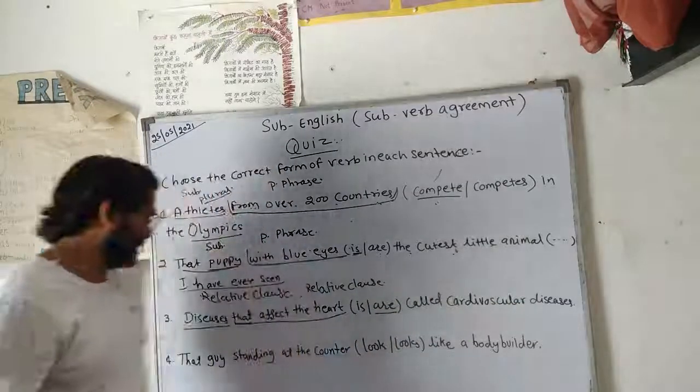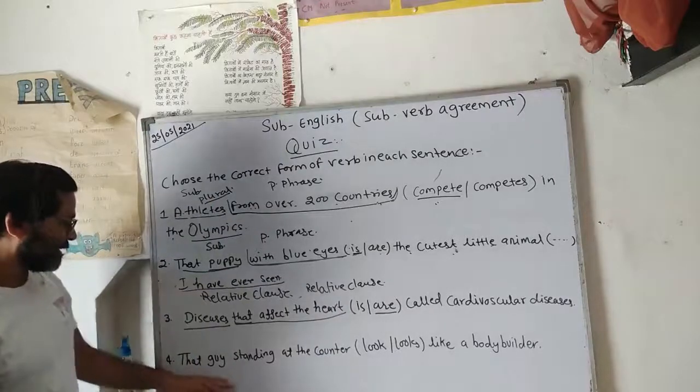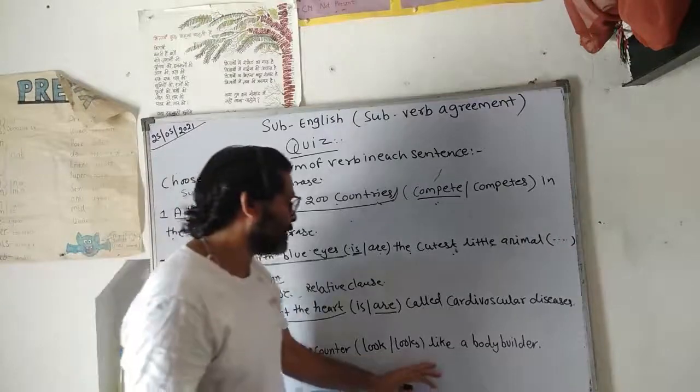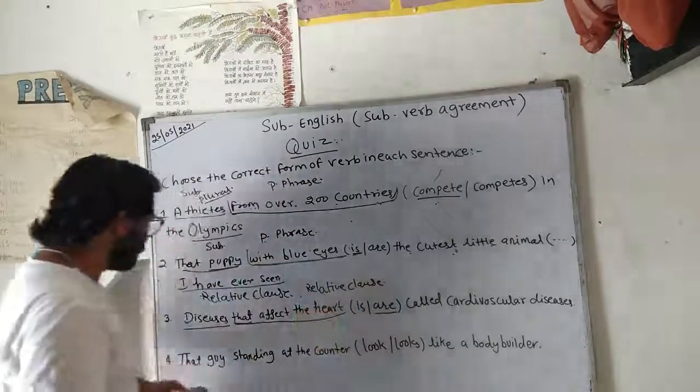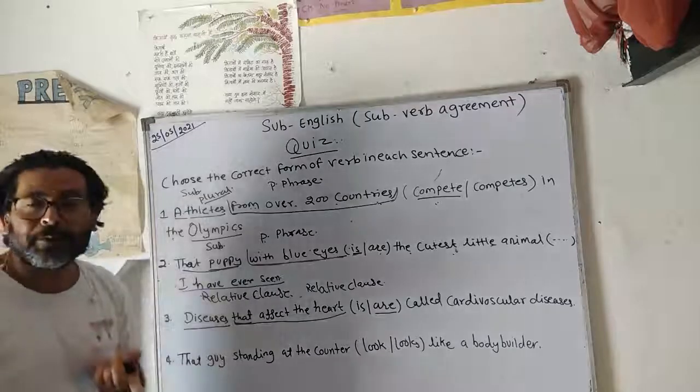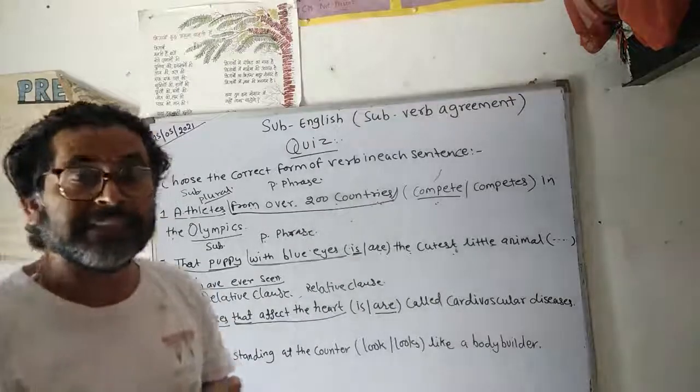Right. Next sentence: that guy standing at the counter looks like a bodybuilder. First of all, we have to identify whether there is a prepositional phrase or a relative clause in this sentence.